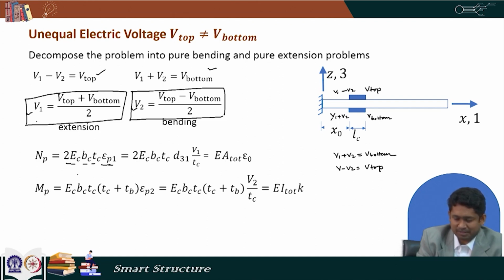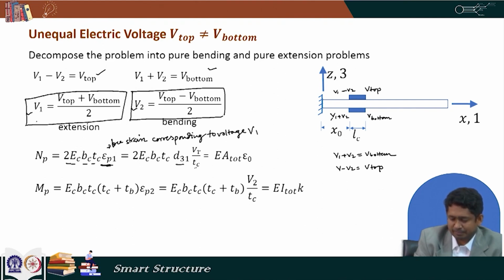Epsilon P1 is the free strain corresponding to voltage V1, and this epsilon P1 is in terms of V1, D31 multiplied by V1 by TC.